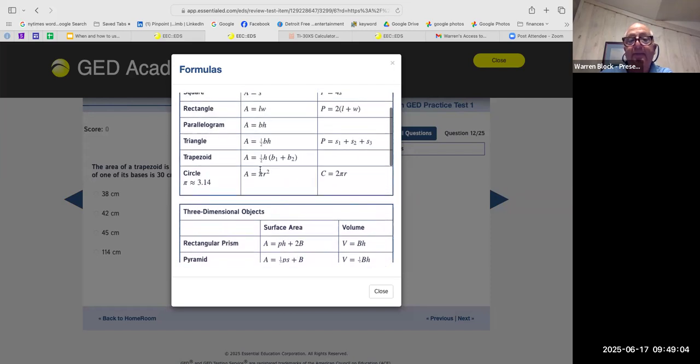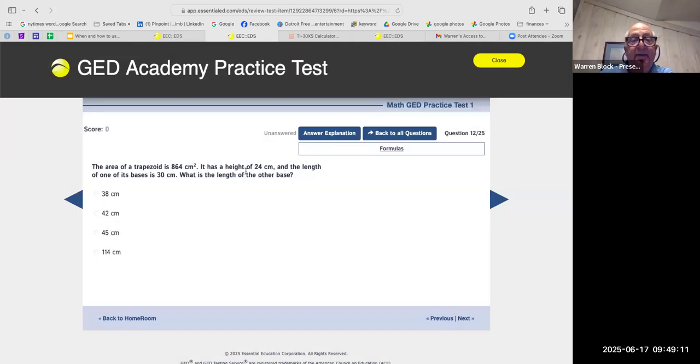So what do we want? We want the trapezoid. Area is 1/2 the height, times the sum of the bases. What do we have given here? We have a height, that's good. So we need half of that, that's 12. And we need the length of the bases, something plus 30, times 12. And the answer is 864.